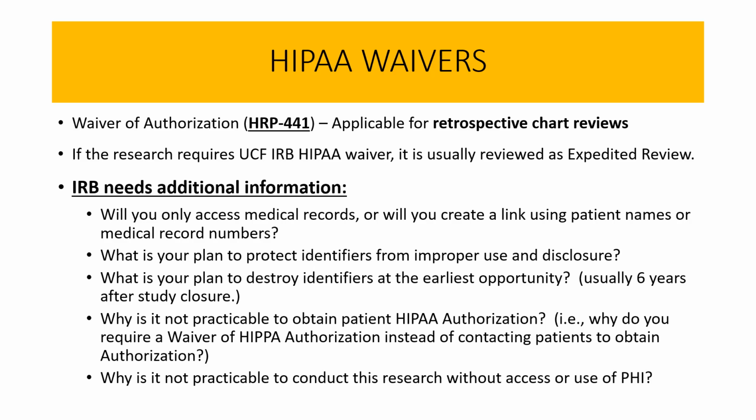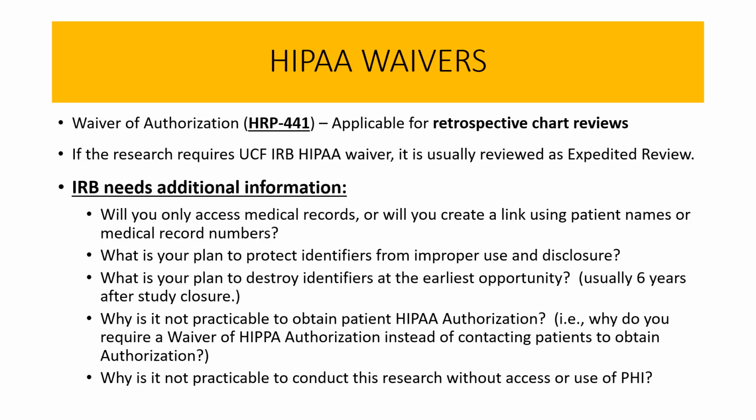If you are requesting a HIPAA waiver for your study, HRP 441 is a checklist that covers the information you must provide to the IRB. The most frequently overlooked information is why you cannot conduct the research without the waiver.